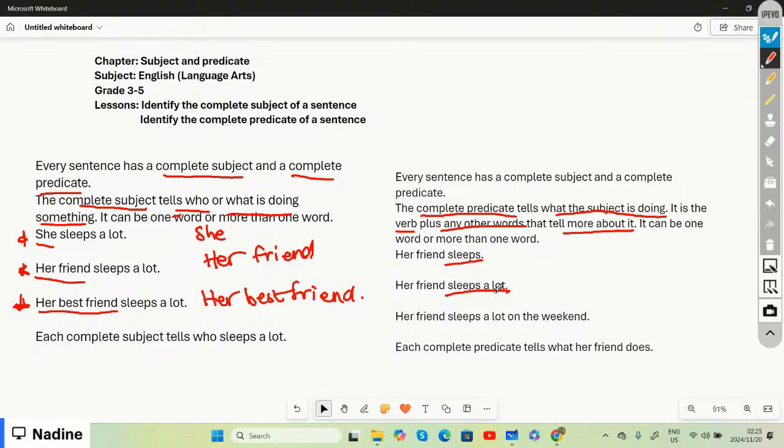And remember, we said it is one word or more than one word that tells us what the friend is doing. So if her friend is the subject, then the predicate is sleeps a lot on the weekend. And that basically is the predicate. It tells us what the subject is doing.